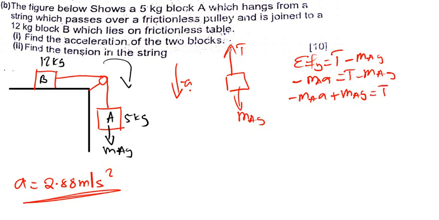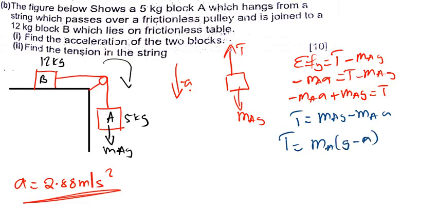So I can factor out mA, or I can write that the tension force will be mA g minus mA a. It's the same thing. Then I can factor out mA times g minus a. Plug in the values. What is my mA? The mass A is 5, g is 9.8 minus 2.88.